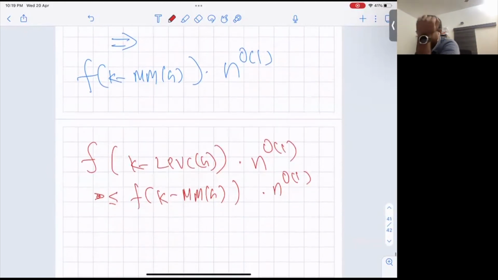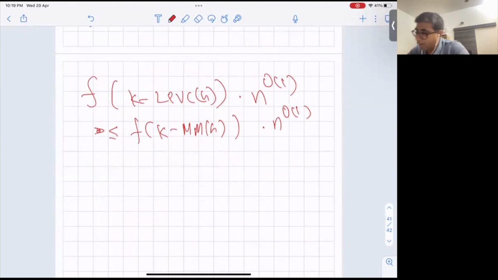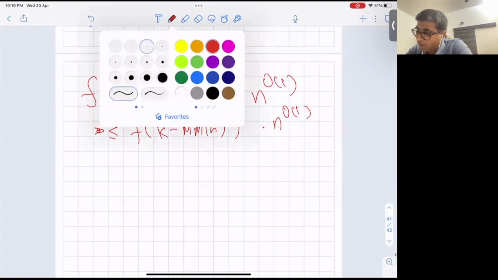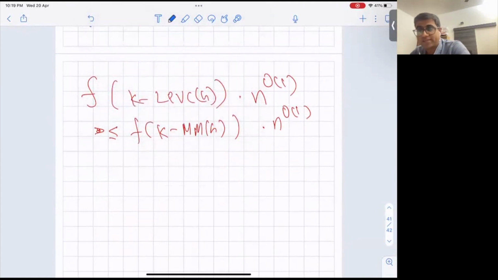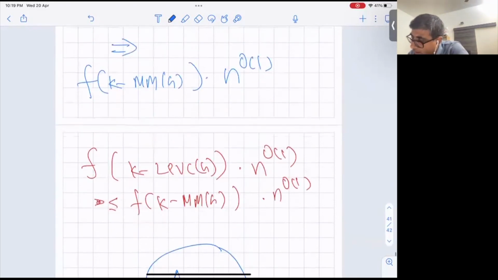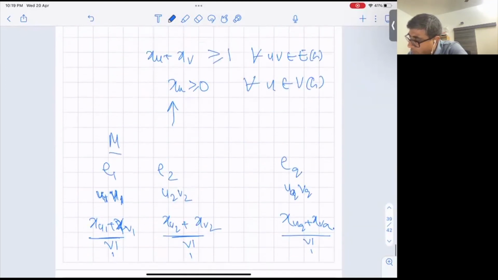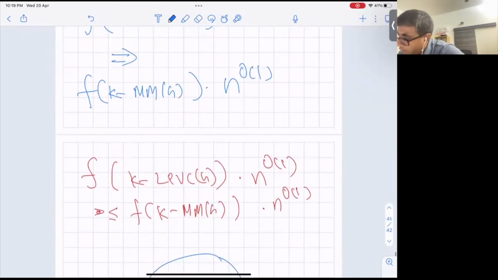So what did we learn now? We have already started to make our complexity question slightly different.